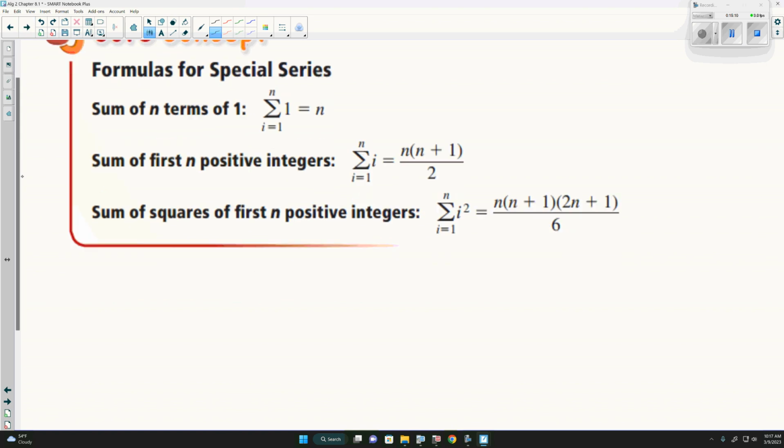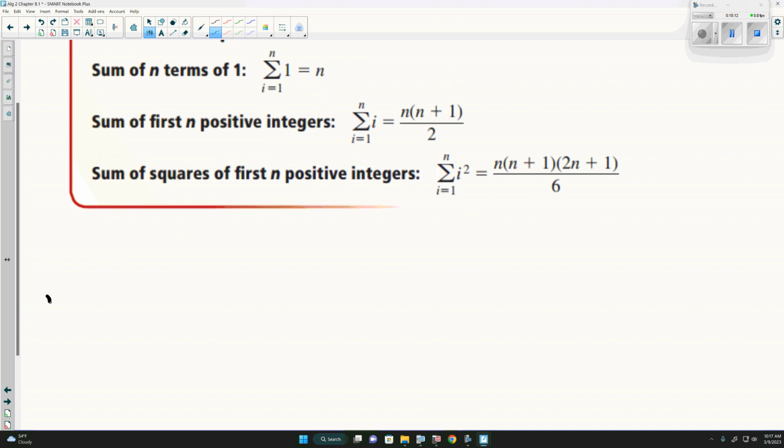Now, if we're looking for the sum of the first n positive numbers, so if we had 1 plus 2 plus 3 plus 4 plus 5, going all the way to 100, we could actually use this formula here, n times n plus 1 all over 2. So we could say 100 times 100 plus 1 over 2.